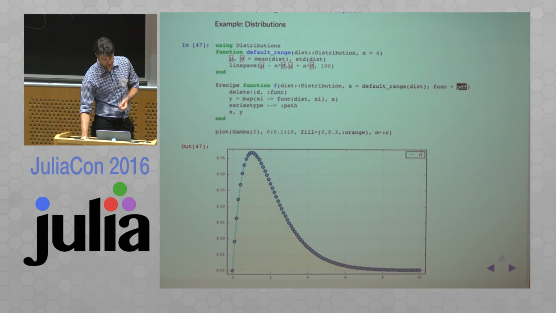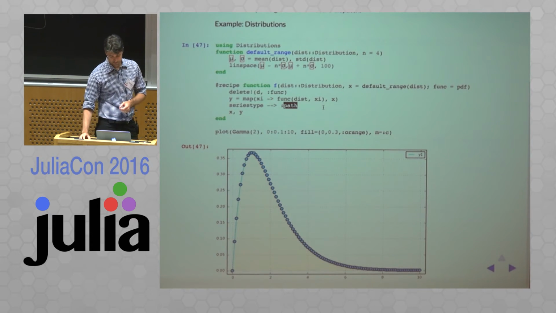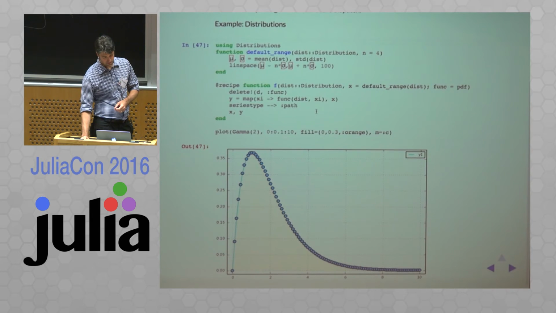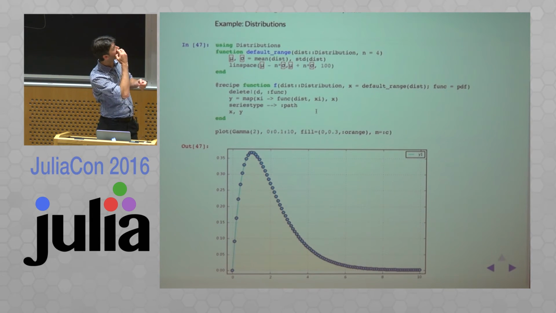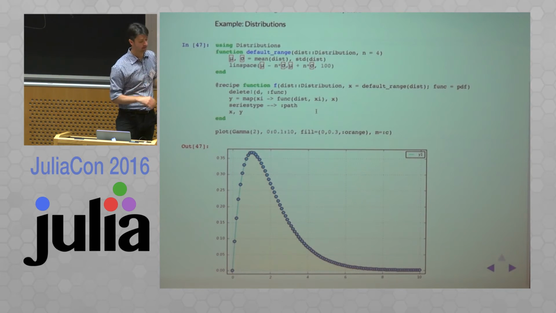I'm mapping that over the x range, and I'm changing the series type to be path. And so it's going to create a path with x and y as the new inputs to the next layer.